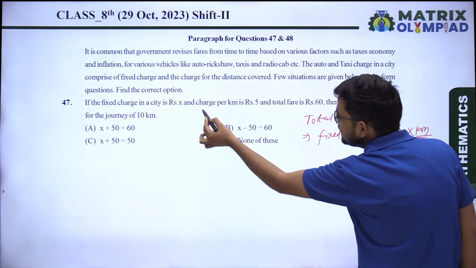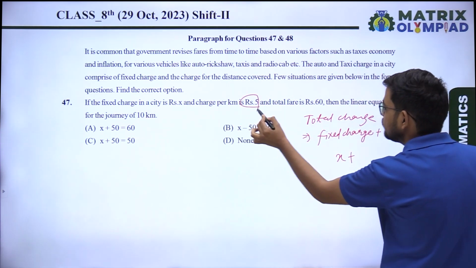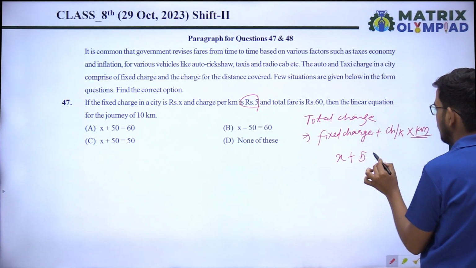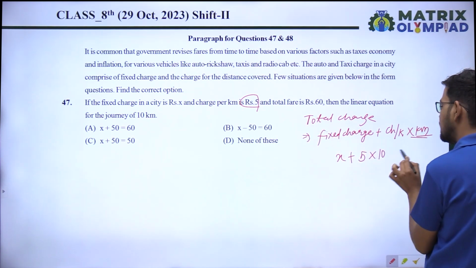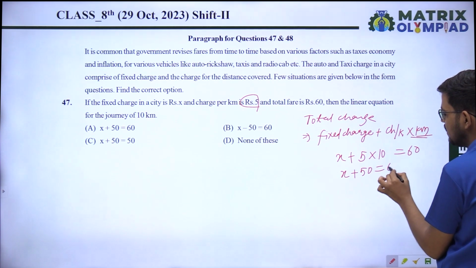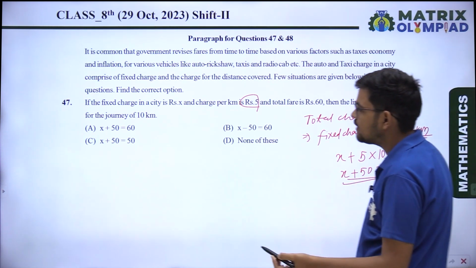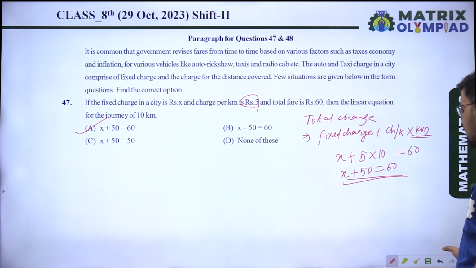So fixed charge is X, charge per kilometer is 5 into total number of kilometers traveled 10, and total fare is 60. So the equation is X plus 50 equals 60. Option A is the correct answer.